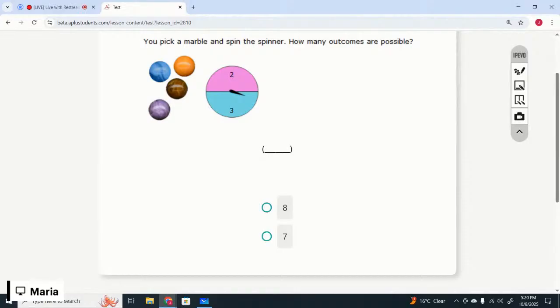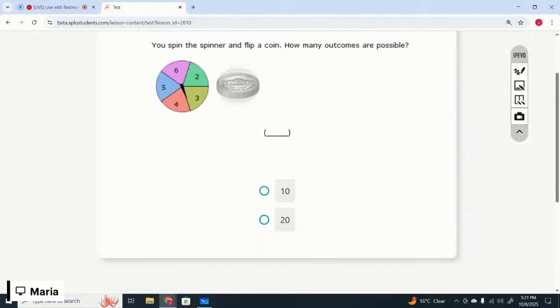How many outcomes are possible? That is 2 times 4. 2 times 4 is 8. Option number 1 is the correct option. 8 it is.